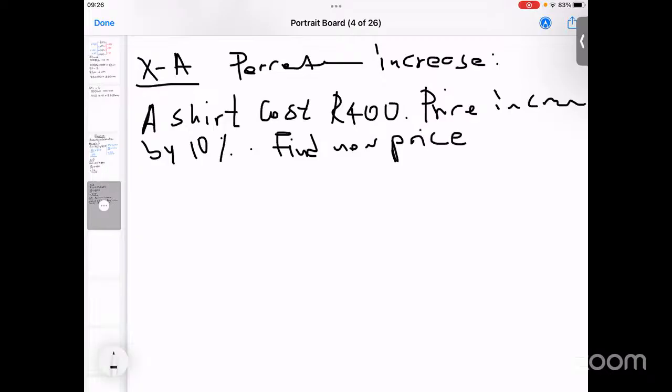Find the new price. So obviously, what we know is that it will no longer cost 400, but it will cost more. More by how much? More by 10%.